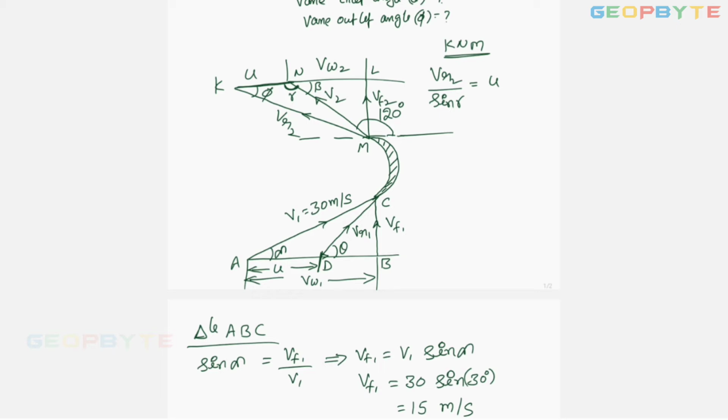That gamma can be taken as 120 degrees because opposite angles are equal. Vr2 by sine 120 degrees is equal to u by sine of this angle. Let that angle be theta dash.